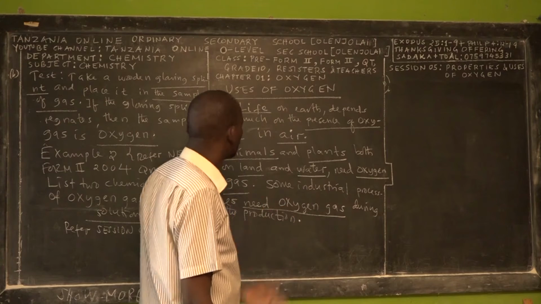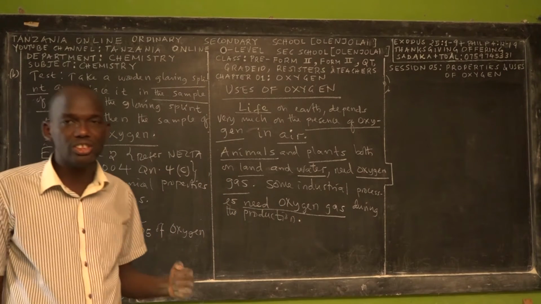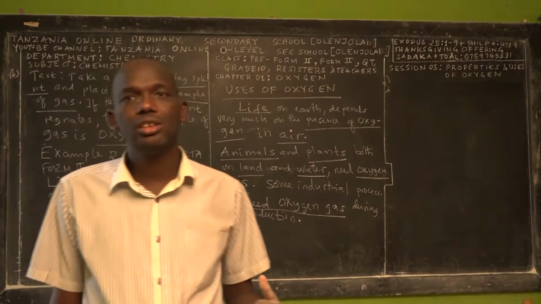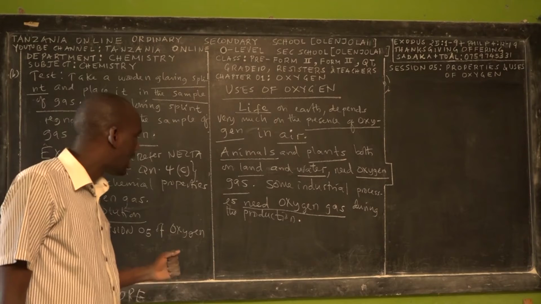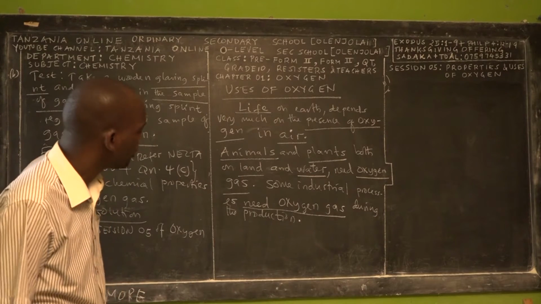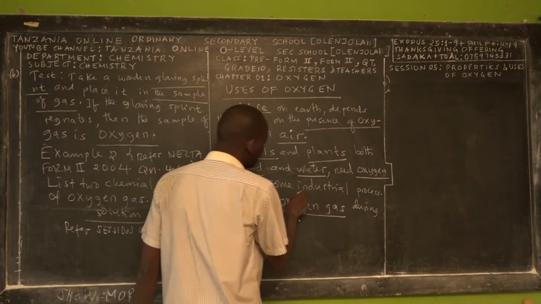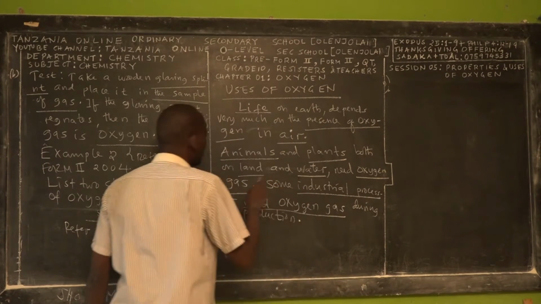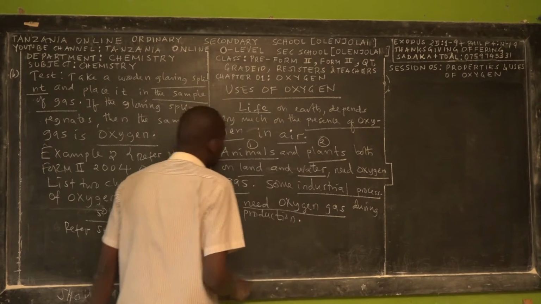Animals and plants, both on land and in water, need oxygen gas. We, as animals, need oxygen, and even plants, our closest friends, also need oxygen.